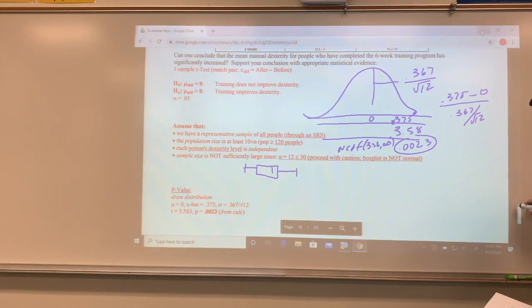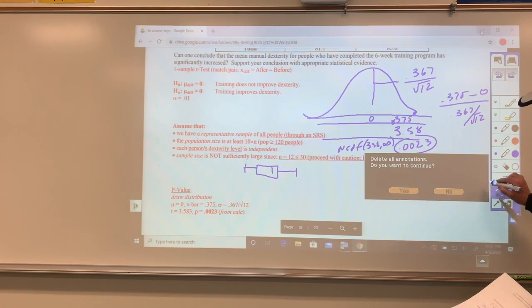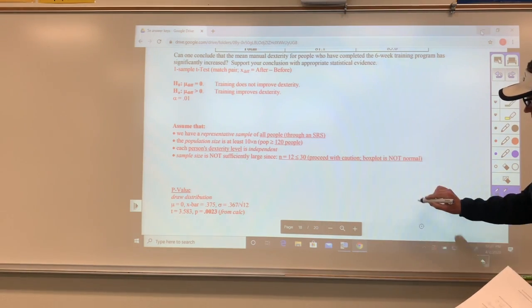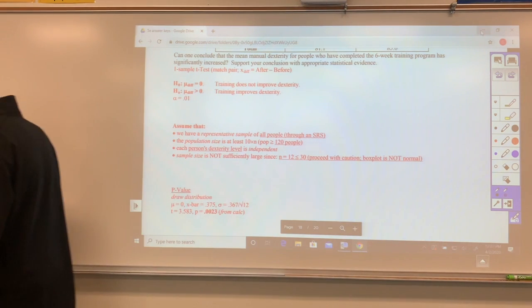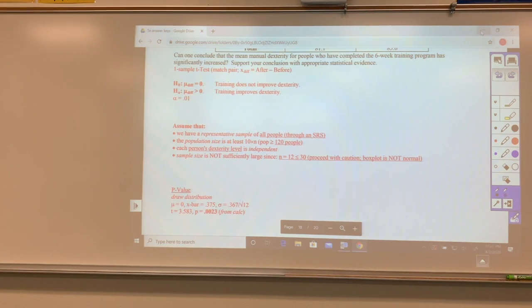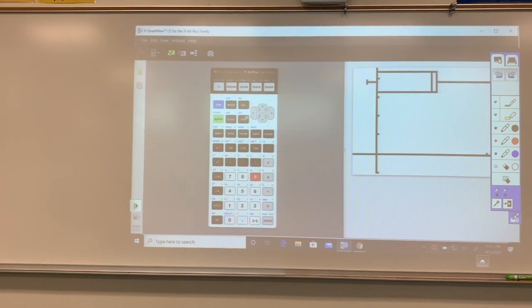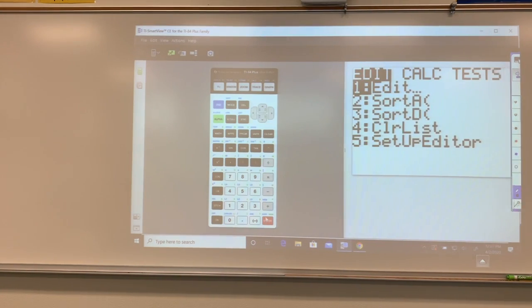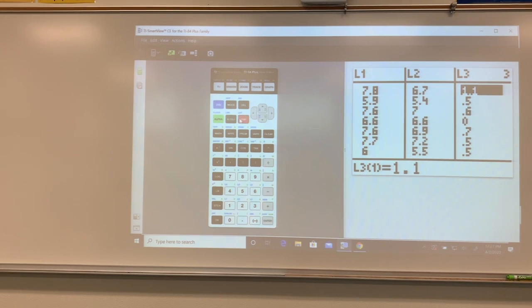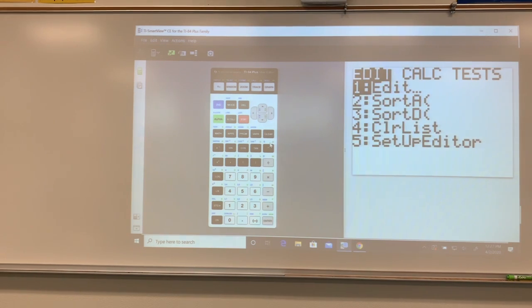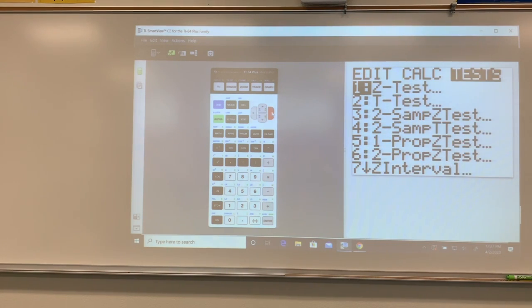So I'm going to erase this. Okay, I'm going to go to the calculator, and I'm going to type that data in. Stat, tests, whoops, stat, tests, and I'm going to go to t-test, okay?